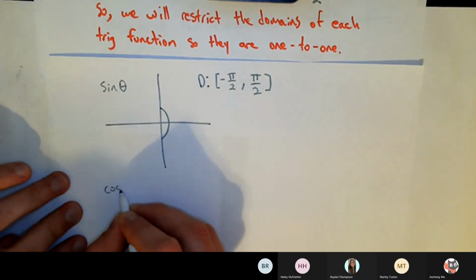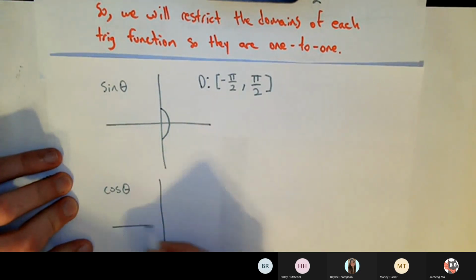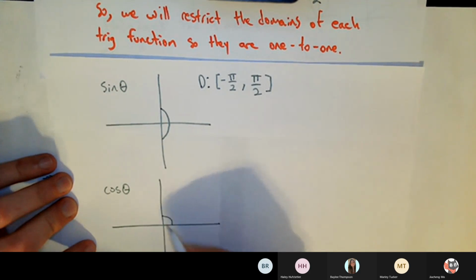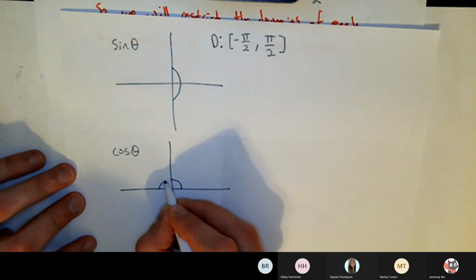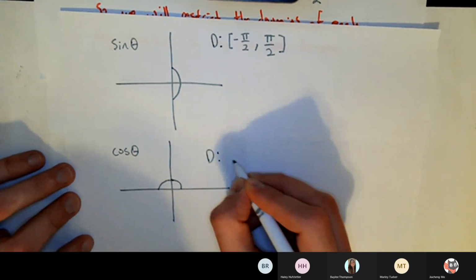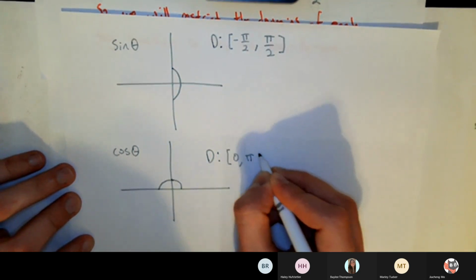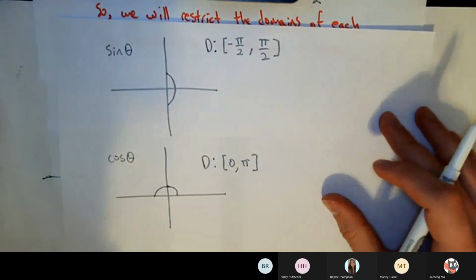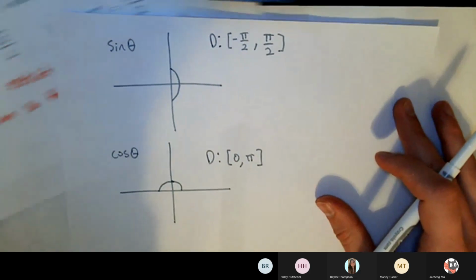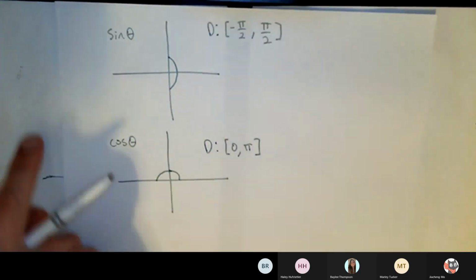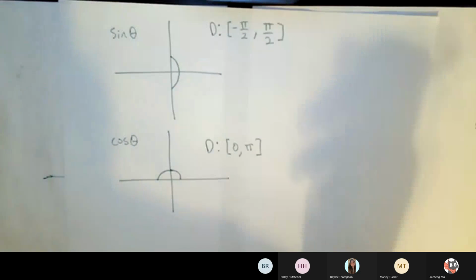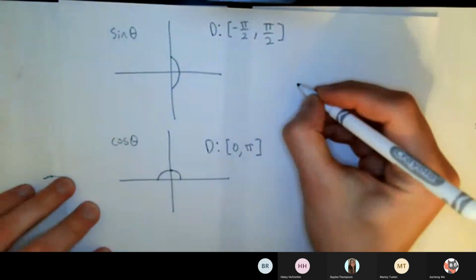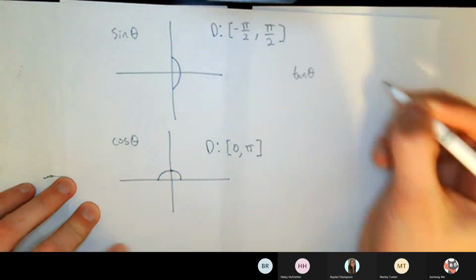Okay, cosine of theta in its restricted domain, I want to make sure I get where cosine is positive and where cosine is negative, but only one of each, right? So right there. So its domain is going to be 0 up to pi. Notice its domain is the same size as this one up here, but it's like scooted over, right? And then tangent of theta, its restricted domain.